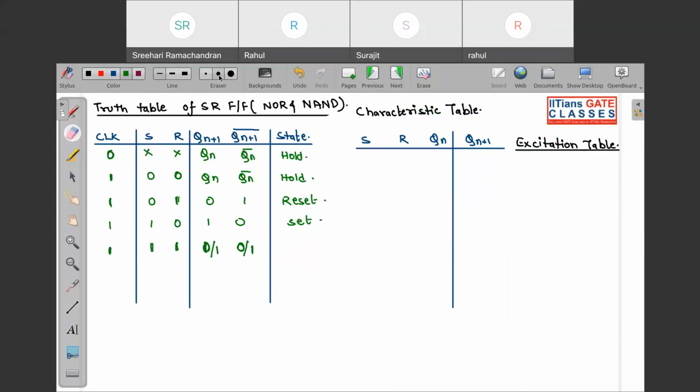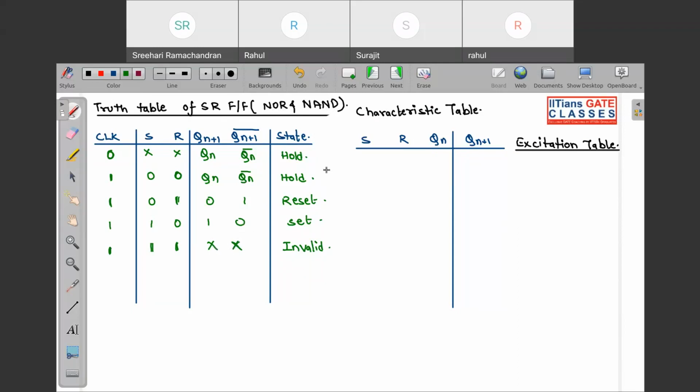So it can be either 0 0 or 1 1. Simply, I am going to replace it with don't care. This will be an invalid state. So this is the truth table of SR flip-flop without knowing whether it is NOR or NAND. If it is NOR, you will get 0 0. If it is NAND, you will get 1 1.